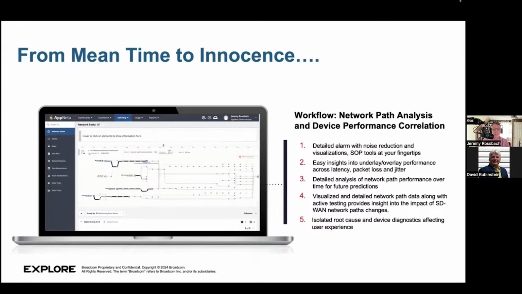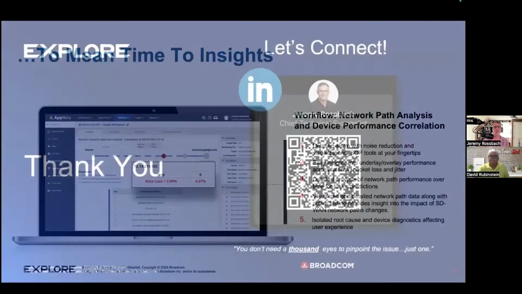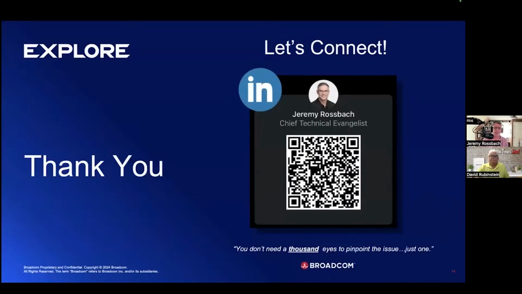And then finally, as you just saw, isolating the device within that path that is having those performance issues. And then it looks something like what we just saw. And that is the top 3 ways that your network teams can find innocence when it comes to ISP and cloud provider network architectures.